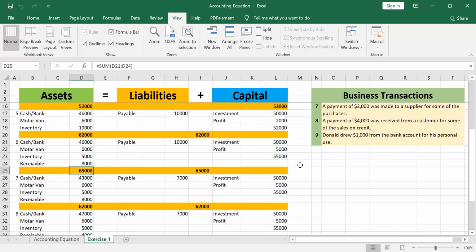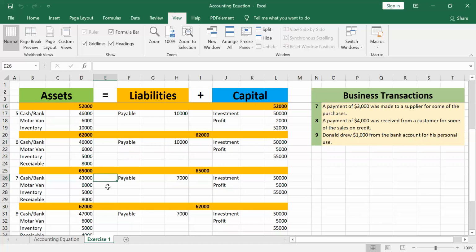Now we are moving towards transaction number 7, and it says a payment of 3,000 was made to a supplier for some of the purchases. Do you know we have the payable of 10,000? So we are making a 3,000 payment to that supplier. The impact is, we had cash of 46,000.